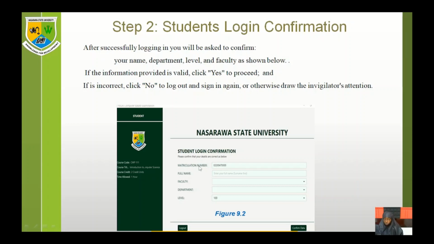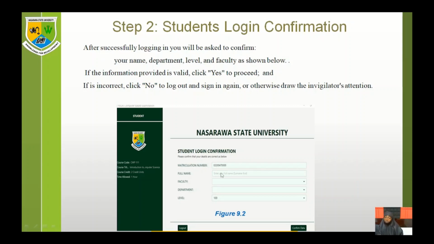So you should check the matriculation number. If the matriculation number is what you are seeing here and it's correct, you can go on. Check the full name. If there is an issue with the full name, maybe your name is Isa John and you are seeing Moses Yusuf, you know that there is something wrong. So you should call the attention of the invigilator or the technical officer around. And also make sure the faculty is correct.